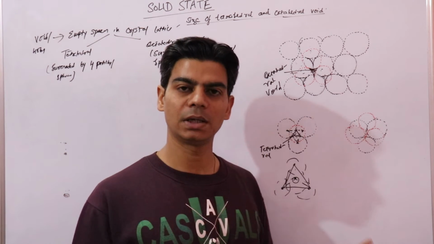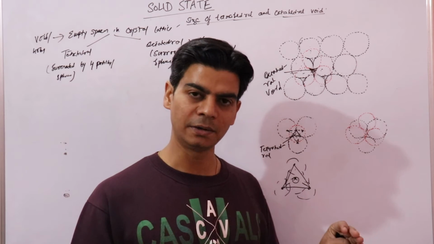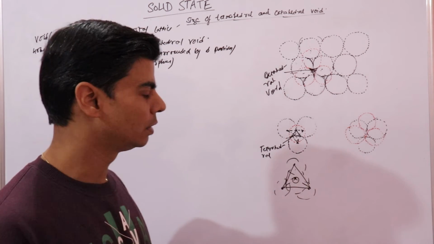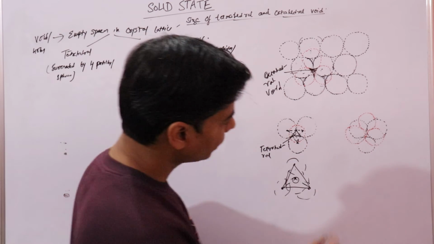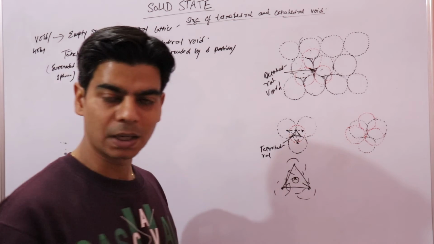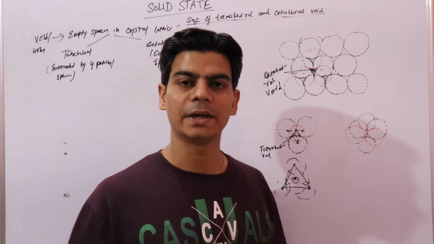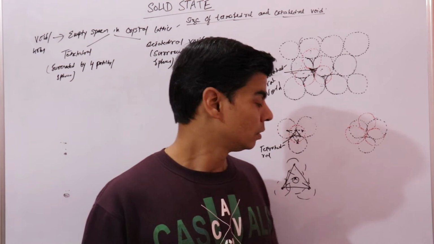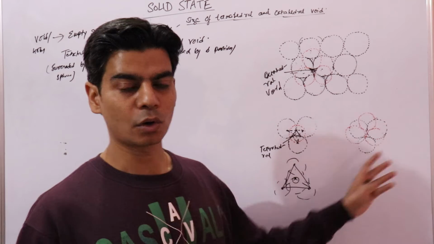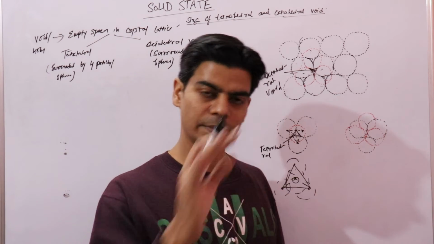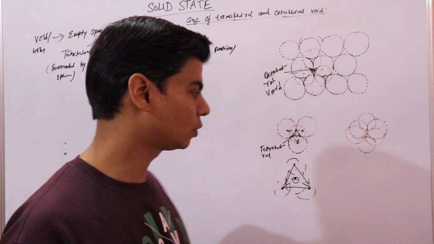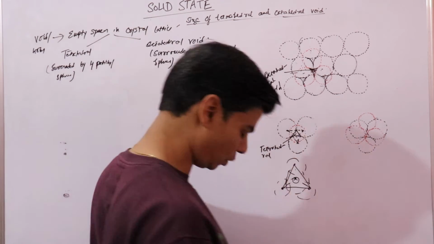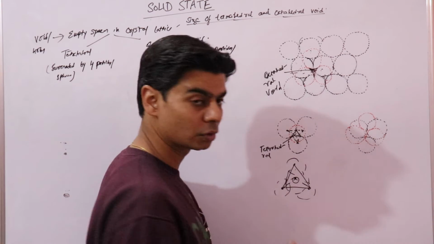The arrangement of particles around it is a tetrahedron, so we call it a tetrahedral void. Similarly, if you look at this arrangement of particles, it will form an octahedron. That is why we call it an octahedral void, because it is surrounded by 6 particles which will form an octahedron.